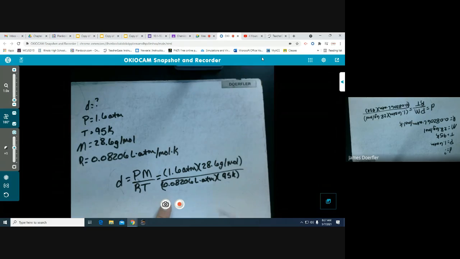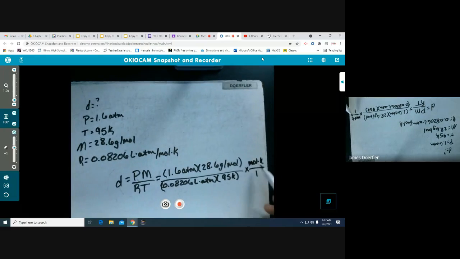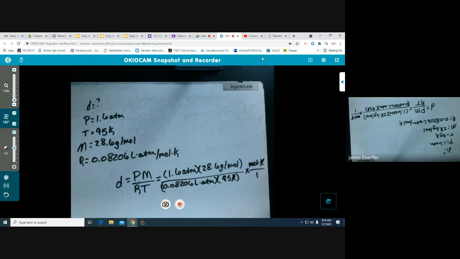And so what we can do is simply take the moles times Kelvin, place it over 1, and now we've got moles times Kelvin on top, which will allow for Kelvin to cancel out. It'll allow moles to cancel out.